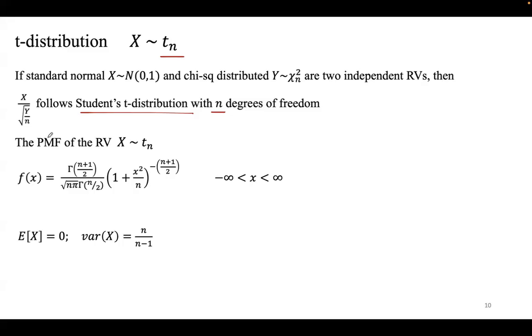And this is the PDF. Again, you can see it's very complicated, but the thing to note here is that the only parameter is n. There's also this gamma function, which we are not going into. The range is the entire minus infinity to infinity. The expectation is 0, so it's centered around 0. And the variance is n divided by n minus 2.